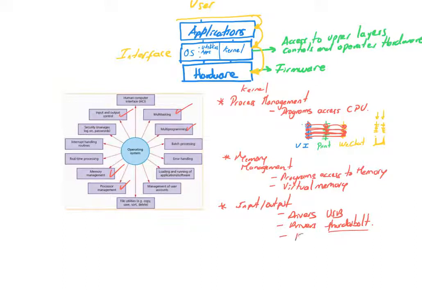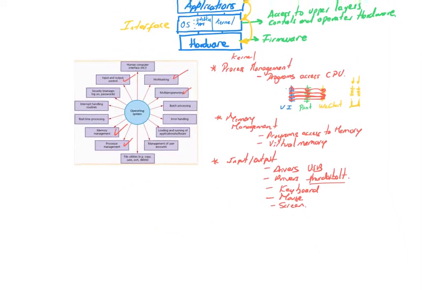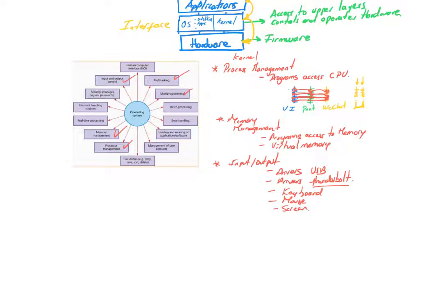And the keyboard, to handle the user input. Any other input and output devices that you can think of are being handled by this, even the screen, right? So that's also part of the kernel.